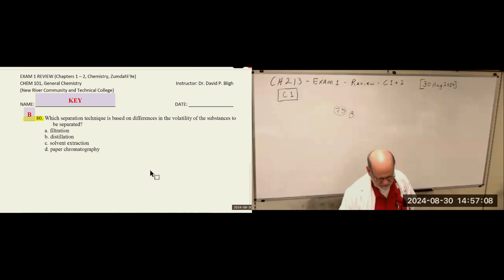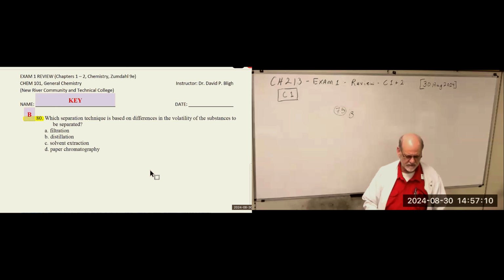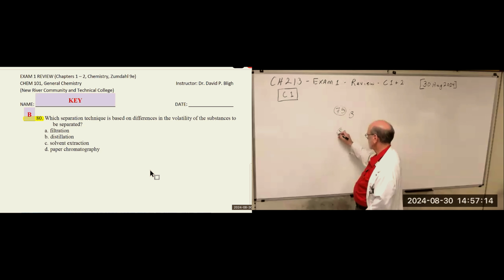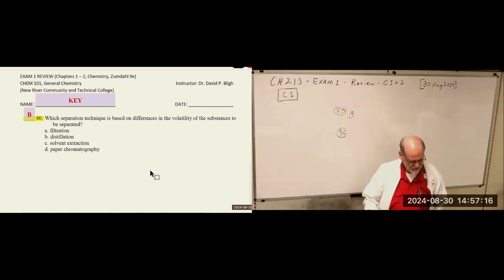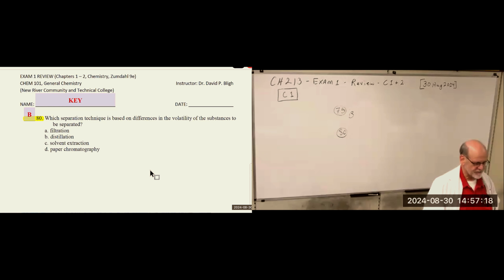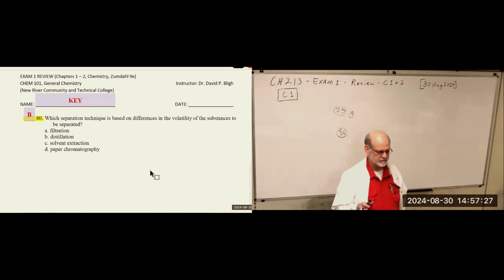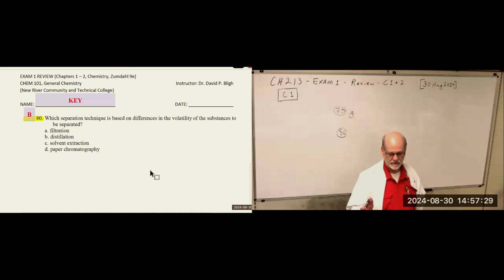Which separation technique is based on differences in the volatility of the substance to be separated? All right, we didn't go into a lot of detail on this. This takes advantage of physical change. So if we look at each one, filtration is based upon what? Particle size. Right?